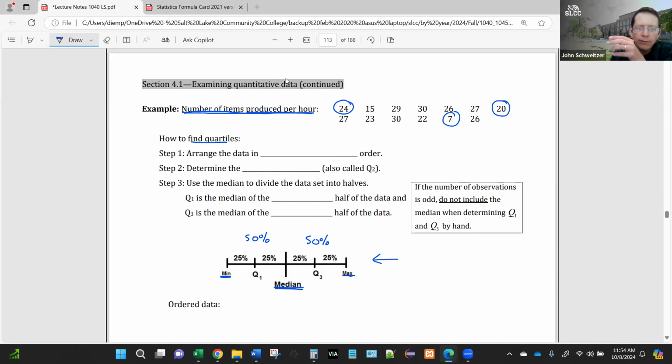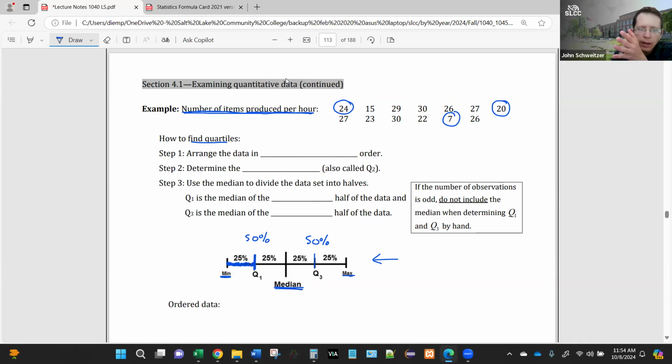What we do is we have 4 different places that we consider, and having 4 different parts to the data set is easier for us to understand. So what are those 4 parts? Well, we have Q1. We start at the min, and by the time we get to the 25th percentile, we have 25% of the population below that value.